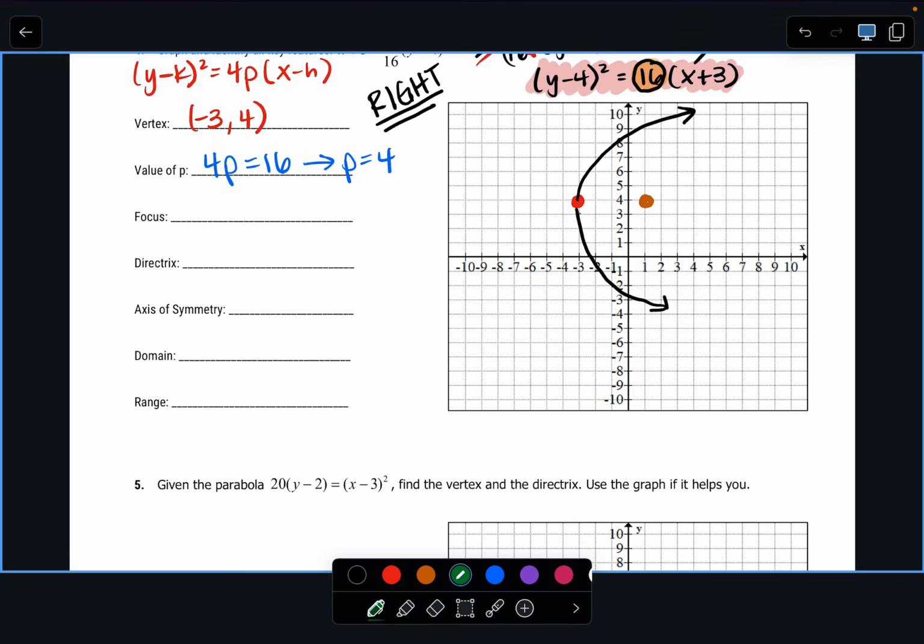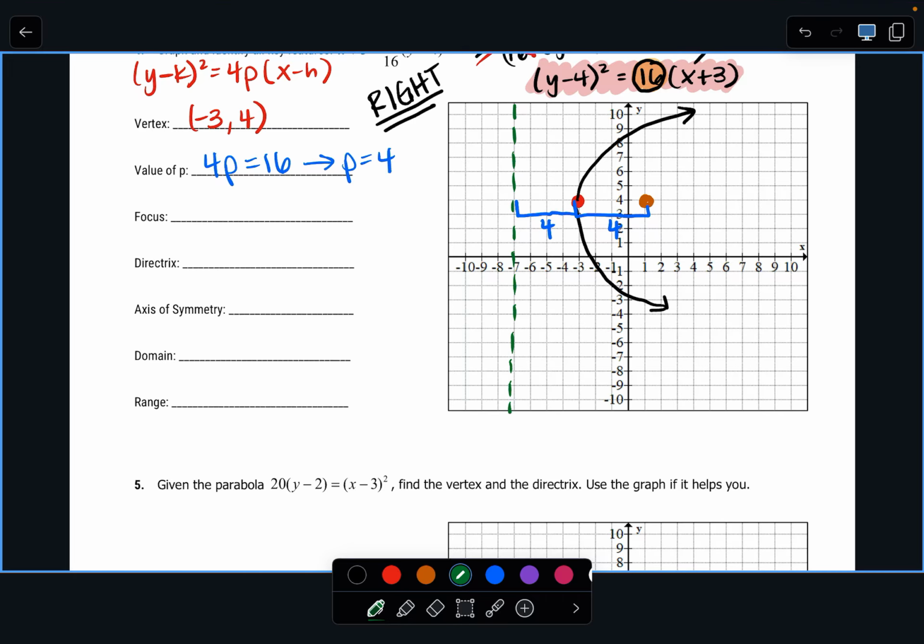The directrix, I'm going to do the same thing. So I counted 4 to get to the focus. I'm going to count 4, 1, 2, 3, 4, to get to the directrix. And this directrix is going to be a vertical line.